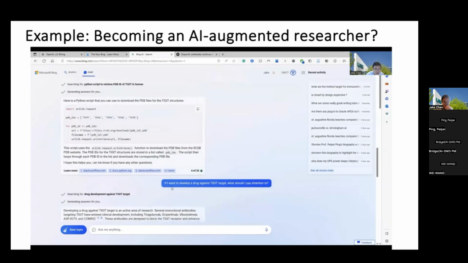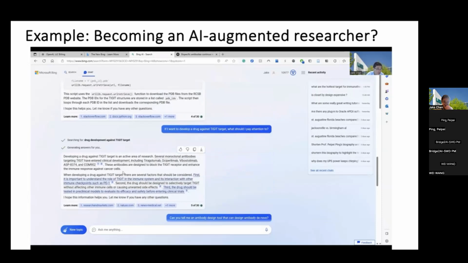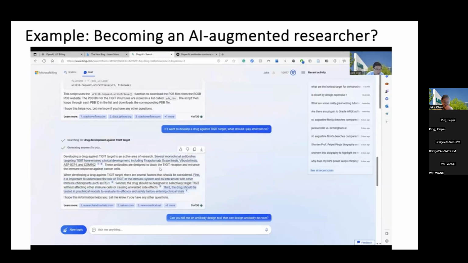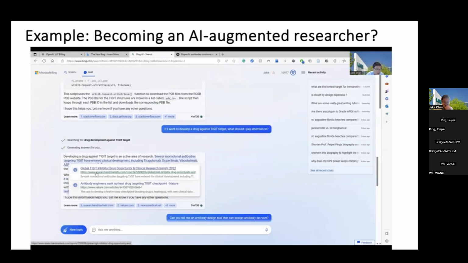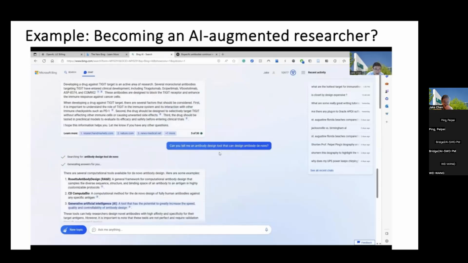Now I'm still not happy. I want to develop a drug against a TIGIT target. And I want to find out what has been done. So GPT is telling me that there are monoclonal antibodies that have been in clinical development. But can you tell me an antibody design tool that can design antibodies de novo?